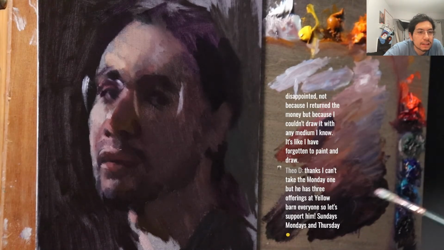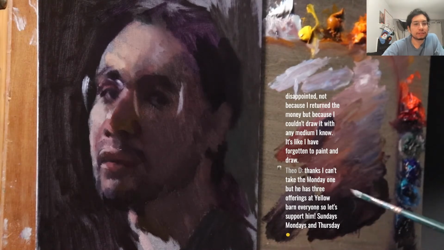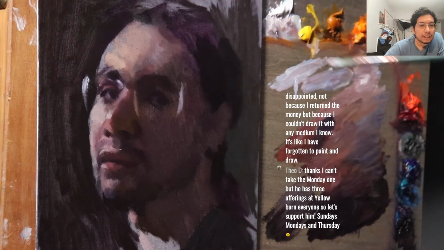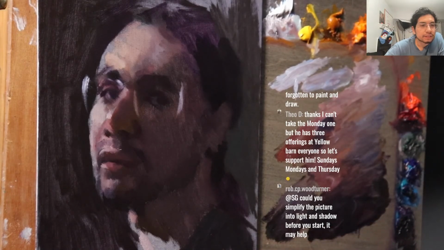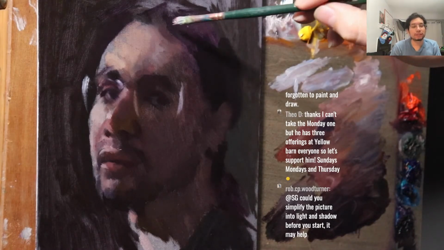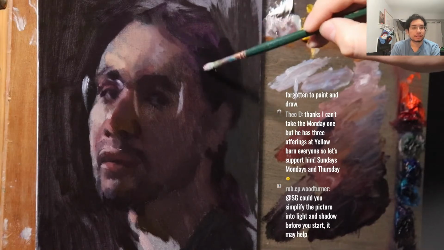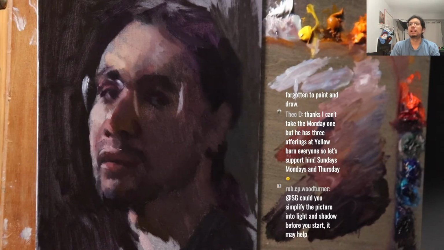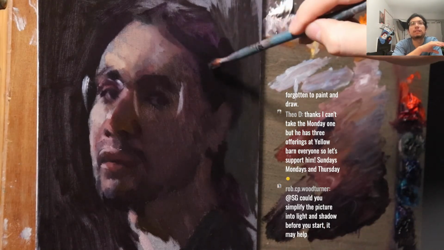Let's see. So SG, you returned the money. You were disappointed not because you returned the money, but because you couldn't draw it with any medium. Oh, don't worry, SG. Similar things have happened to me more than I would like, but I remember one particular time I was doing a live stream and someone was like, "Please do this painting for me.